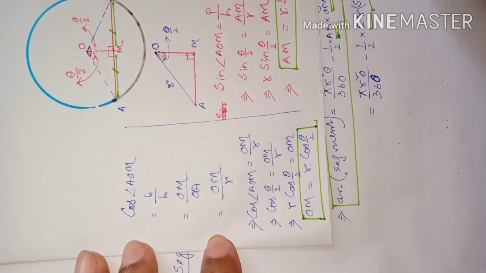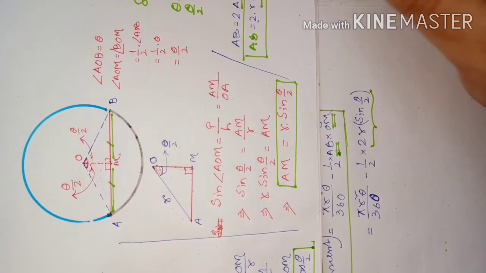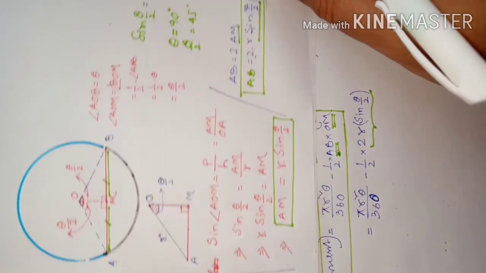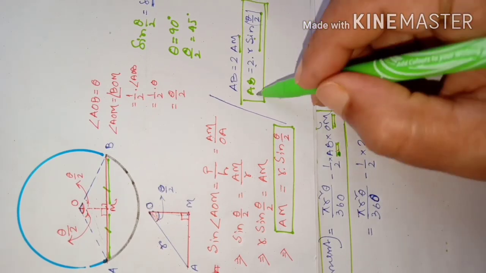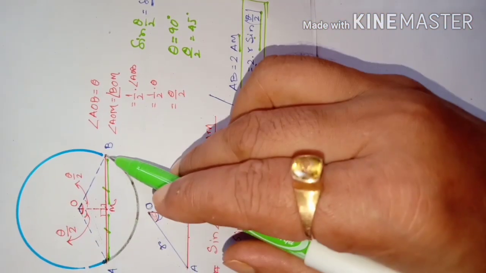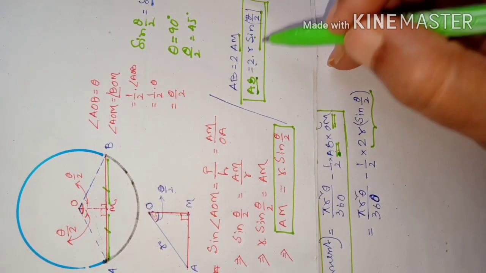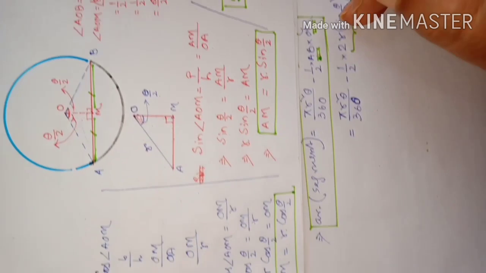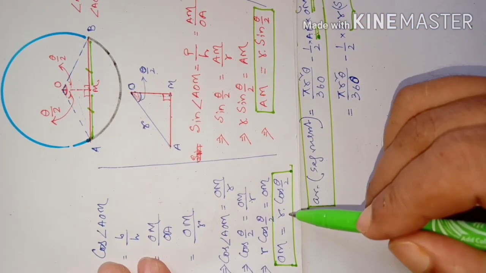And AB we got twice R times sin theta by 2. Easy to remember. AB is the base of the triangle, twice R times sin theta by 2. It is in sin. And OM, the height of the triangle AOB, R times cos theta by 2.